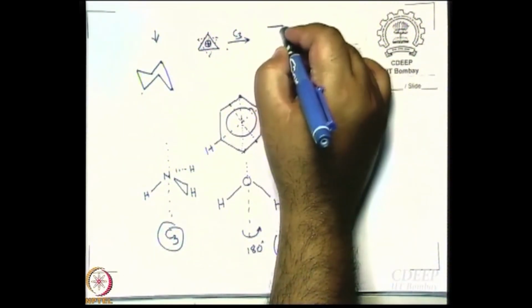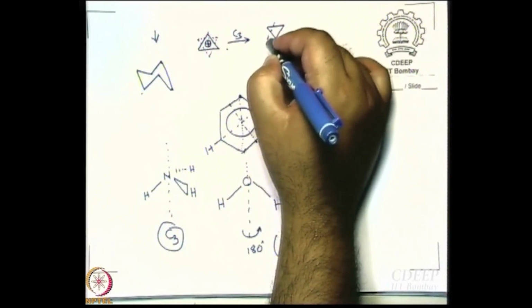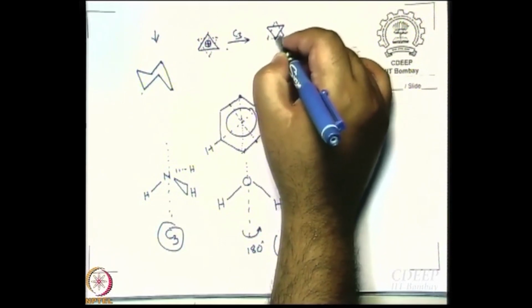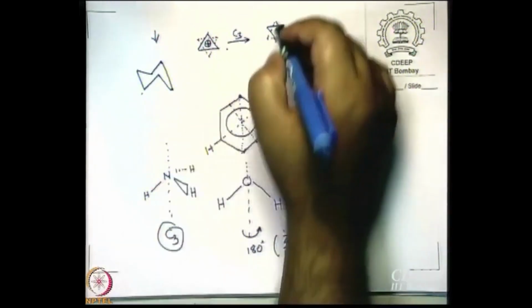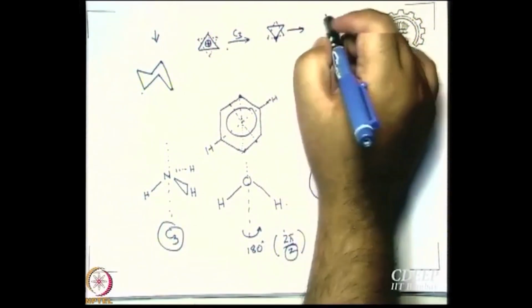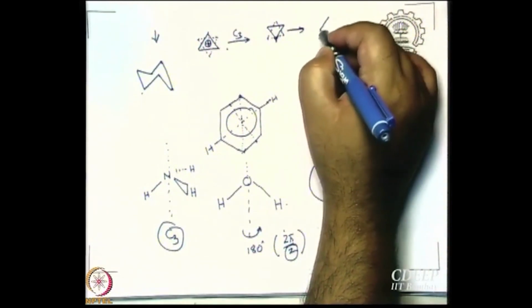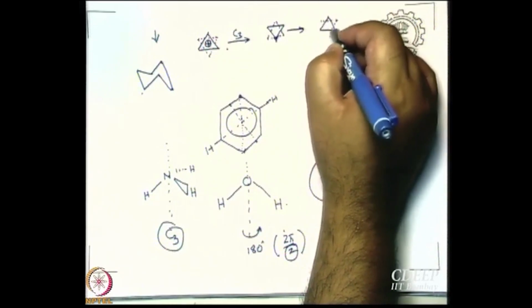I'll get something like this. Pardon my bad artistic skills. Oh, that is C6. So, if I perform another C3, then what will I get? I get identical or indistinguishable.